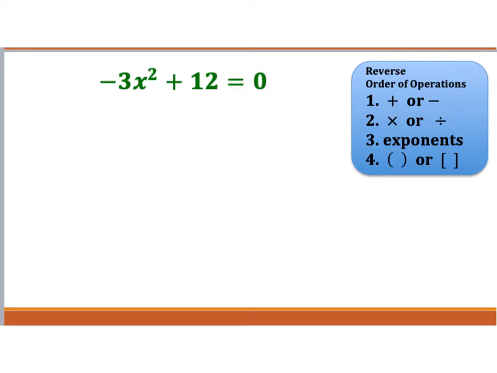So let's isolate the variable in this equation by undoing operations. So we are going to undo the plus 12 first. And to undo plus, we do the opposite operation, which is minus. So minus 12 on both sides. We get negative 3x squared is equal to negative 12.